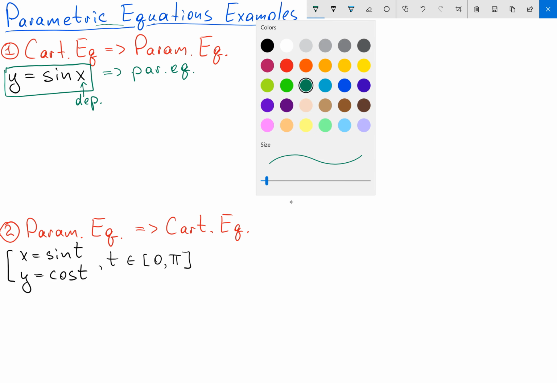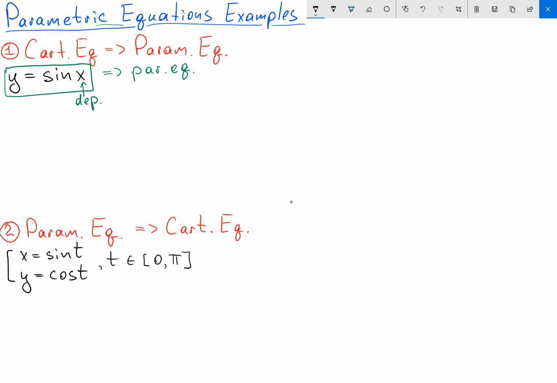But before we start, let's graph our function y equals sine of x. In this case it's just my sine function, so we just need to find the table with x and y. We need to find when x equals 0, pi over 2, pi, 3 pi over 2, and 2 pi.